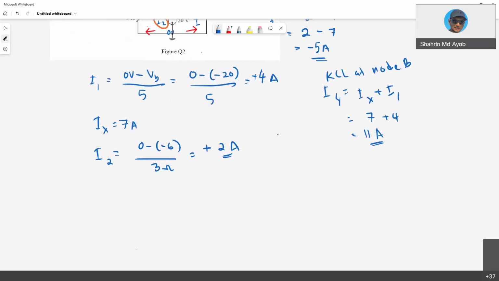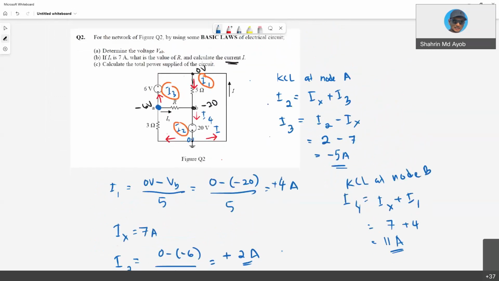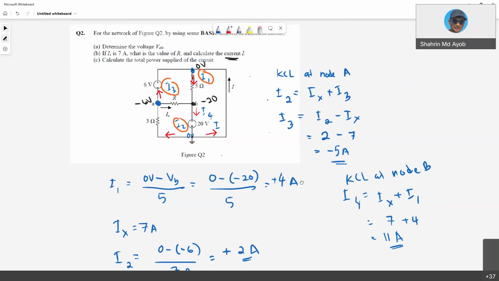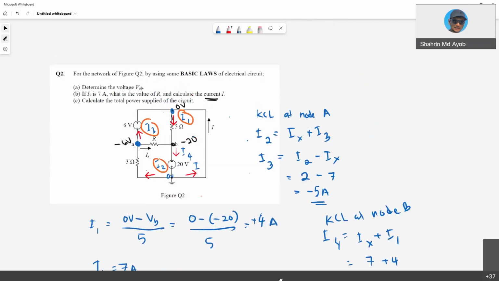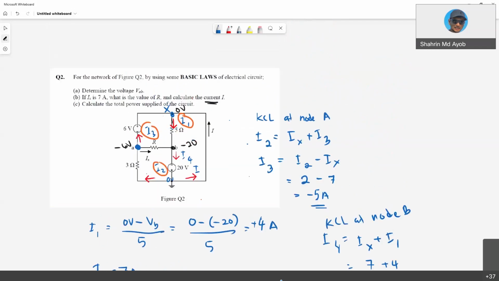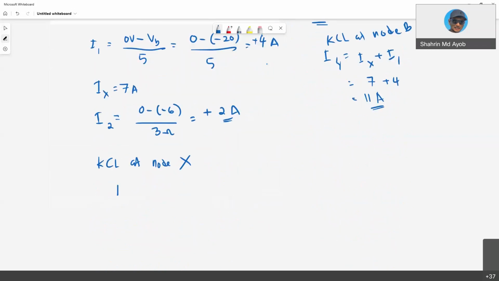And finally, the current that the question requires is actually I here. We have at this node, I3 plus I is equal to I1. I think this one is KCL at node, I think this one not X. Okay, just put it as a node X. Just name it as a node X. Okay, I1.